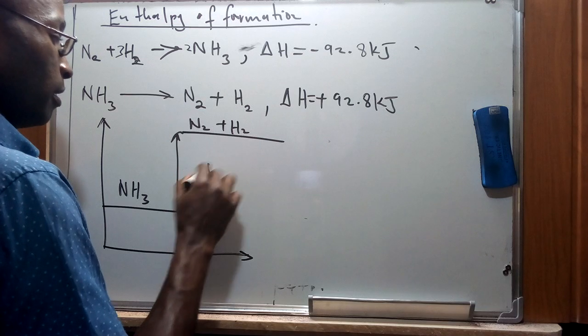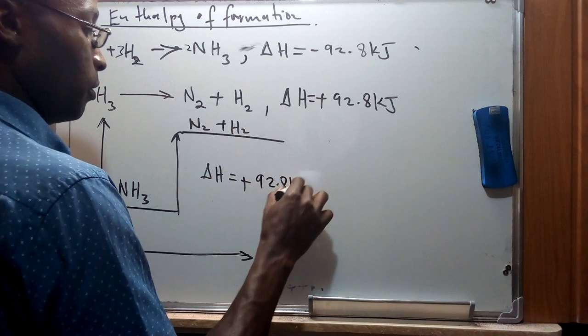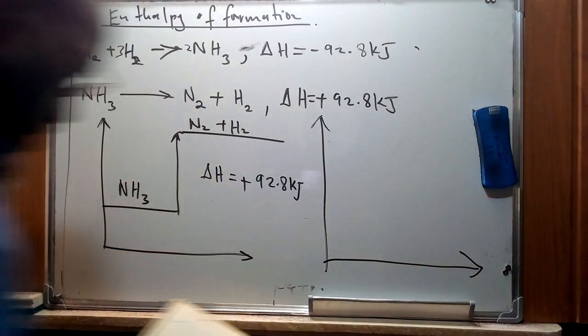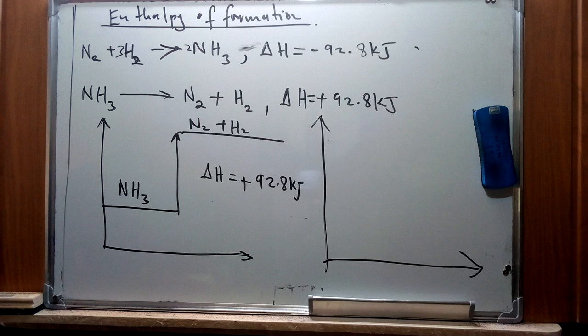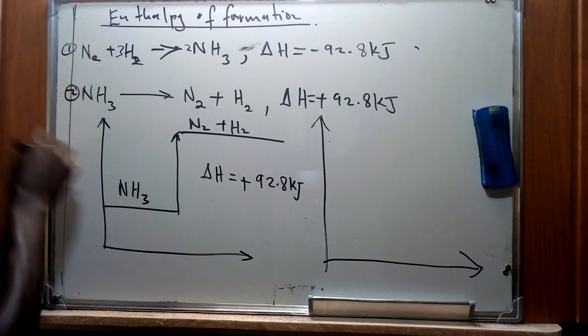So the net change in enthalpy is going to be plus 92.8 kilojoules. Whereas if I have another graph for the same reaction, let's say this is 1, 2, so this is for reaction number 2.